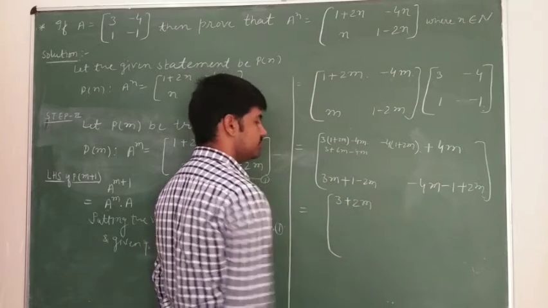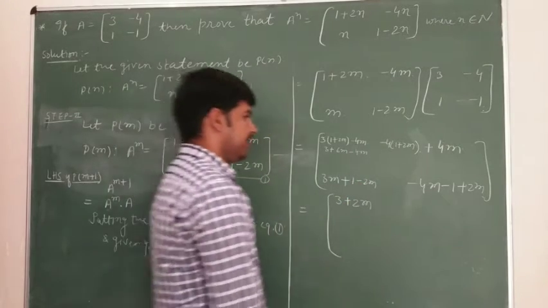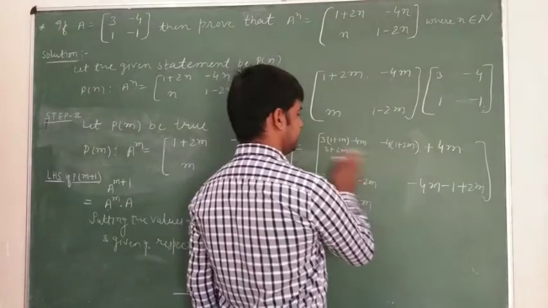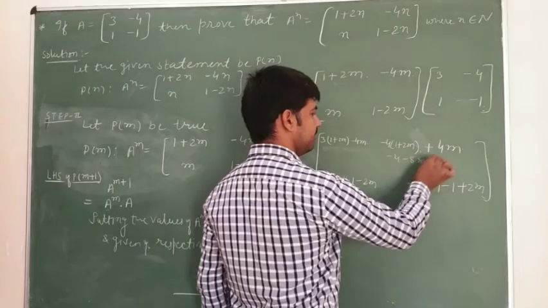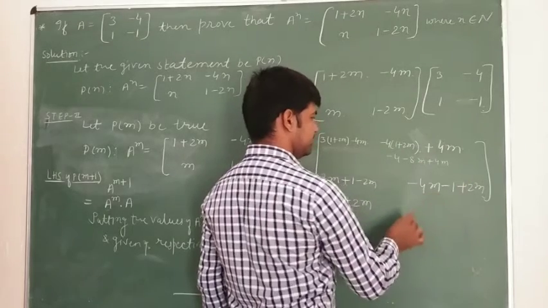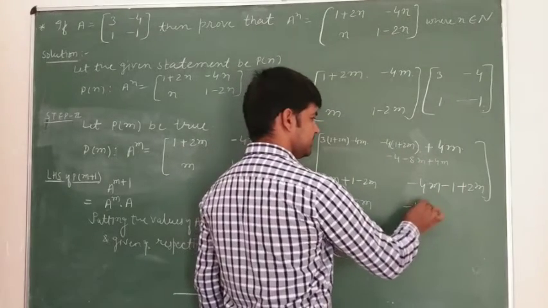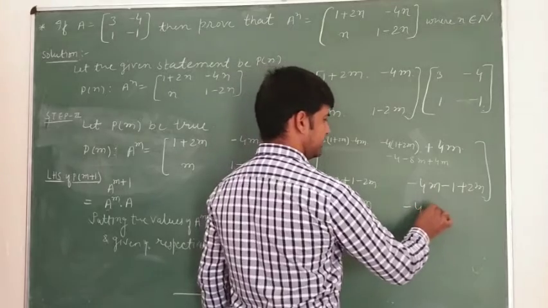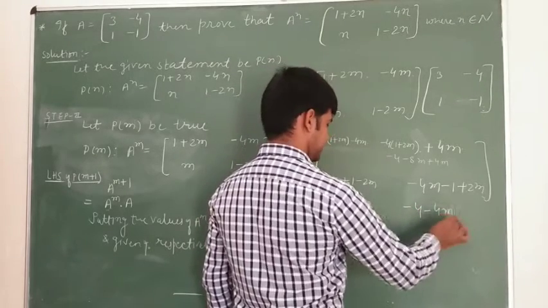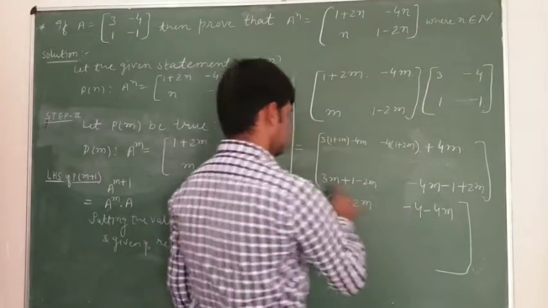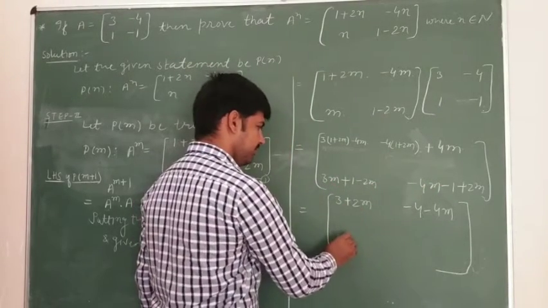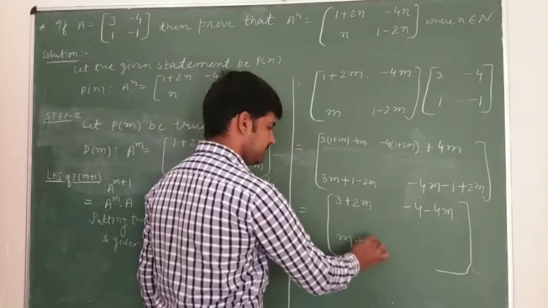Next, minus 4 minus 8m plus 4m, and that is equal to minus 4 minus 4m, the next element. Now the third element, 3m minus 2m is equal to m, and this is plus 1.